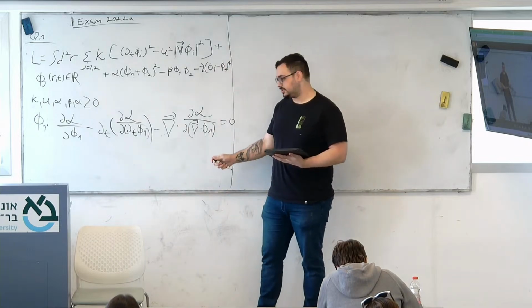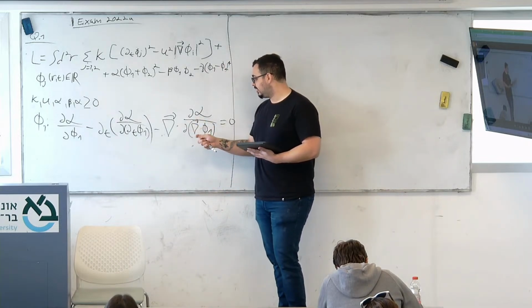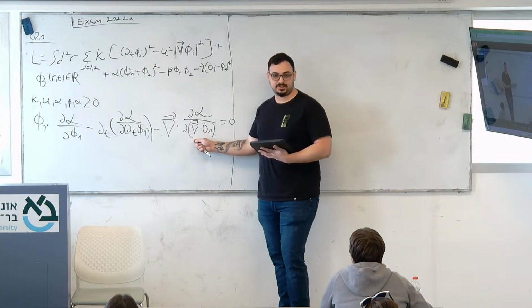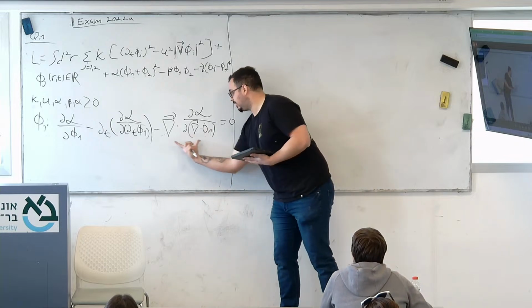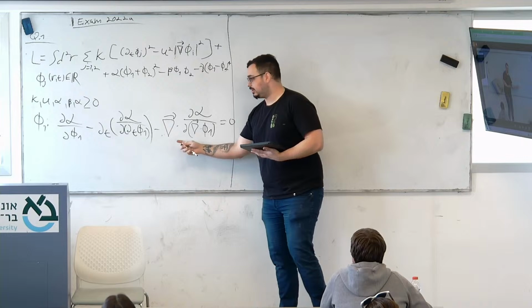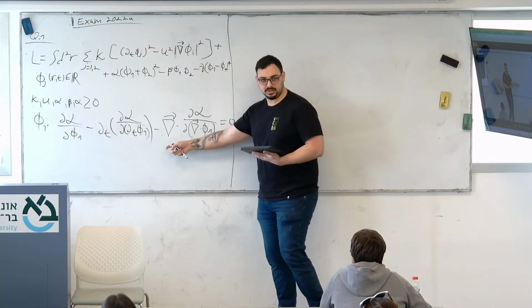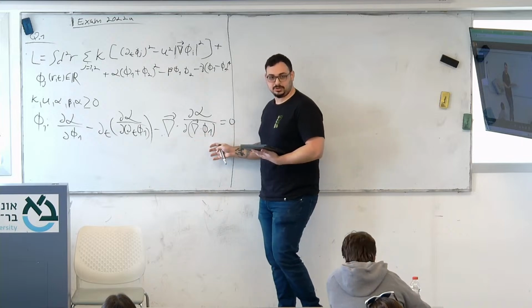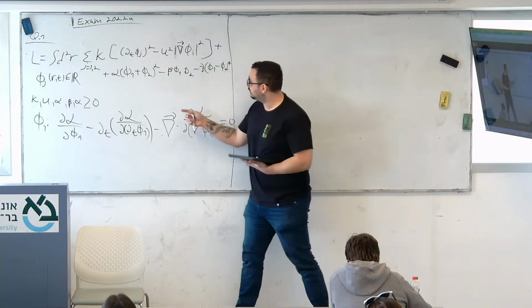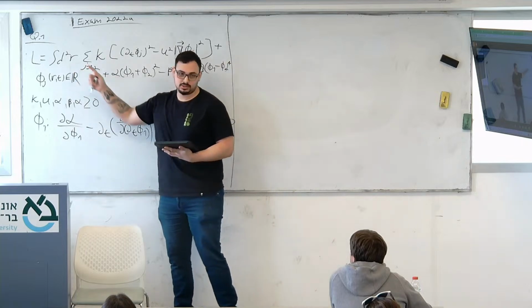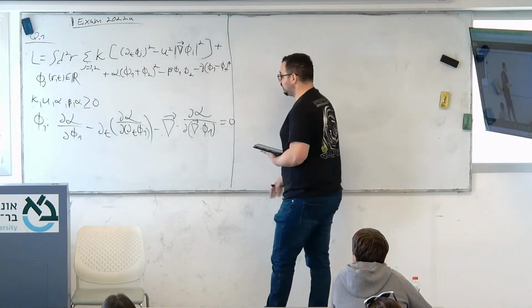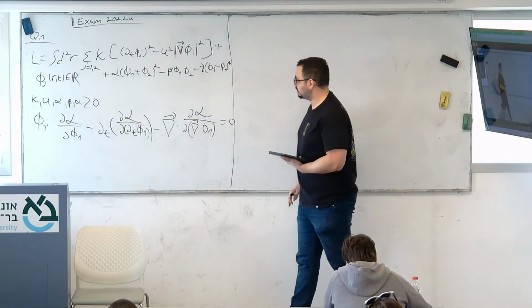Note that it's ill-defined to derive by a vector, but this entire form basically means take the derivative of x derived by x plus the derivative of y. It's basically a short way to write all the three, or in this case, two spatial terms. It's just a quick way. No, this is just notation.